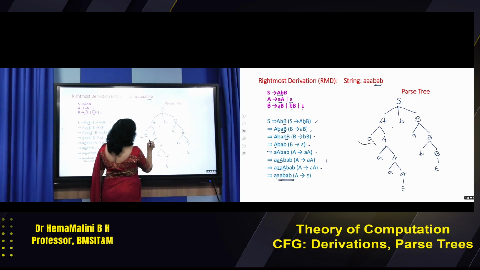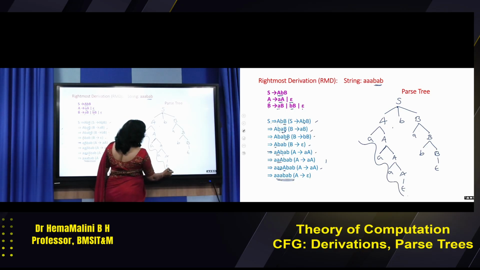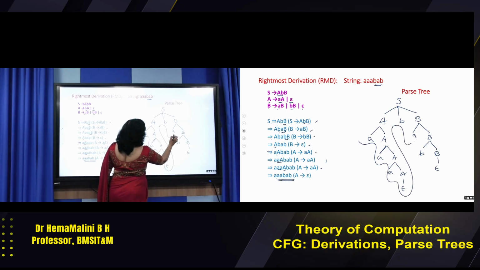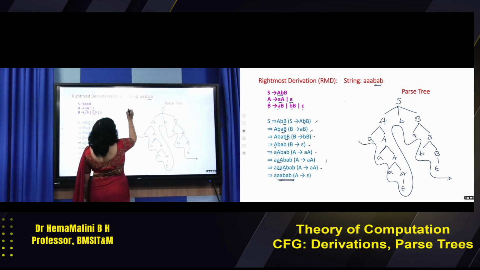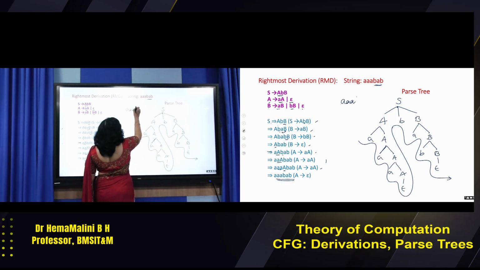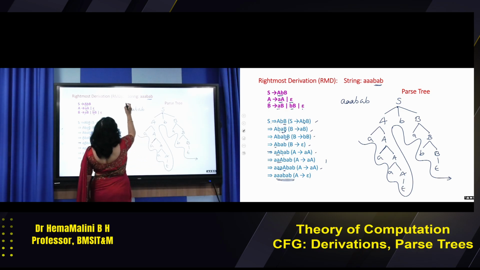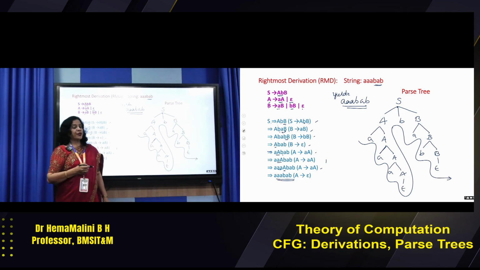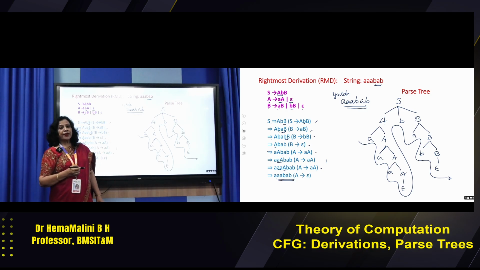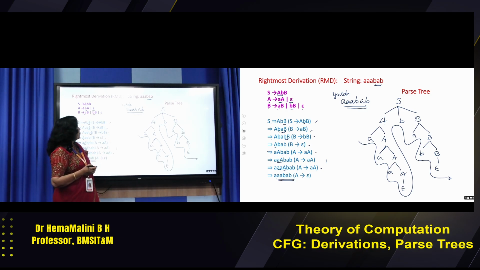Go from left: A, epsilon, B, A, B, epsilon. So this is A, B, B. We will not write epsilon in the yield. So leaving the epsilon, we get the required string. So that is about rightmost derivation and the parse tree.